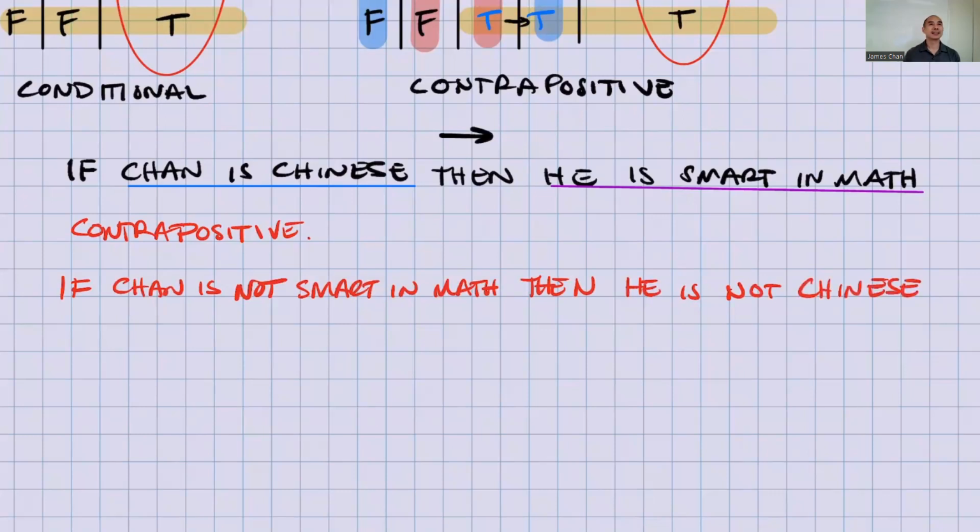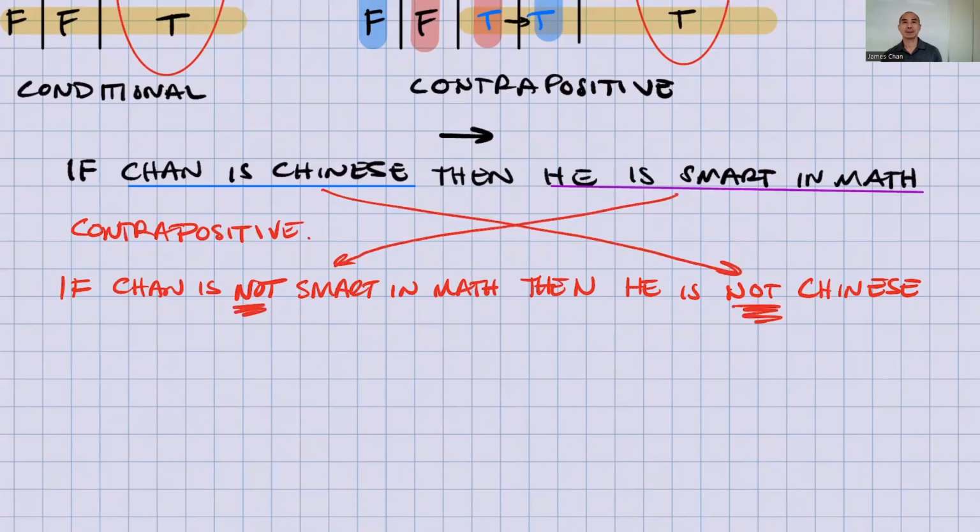So I have this not smart and not Chinese. So you notice I negated this one here, and I negated this one here. All right. So now you see the purple statement here, but negated, and you see the blue statement here, but negated.